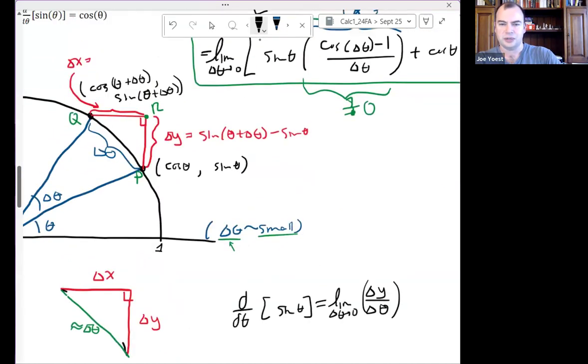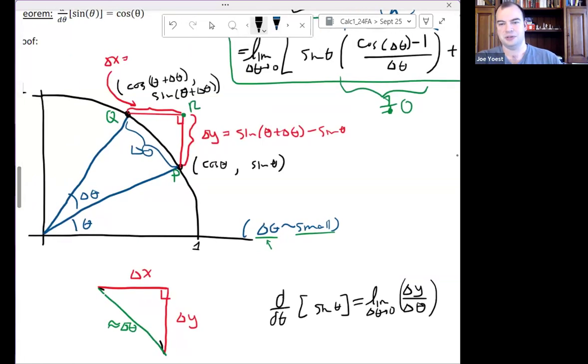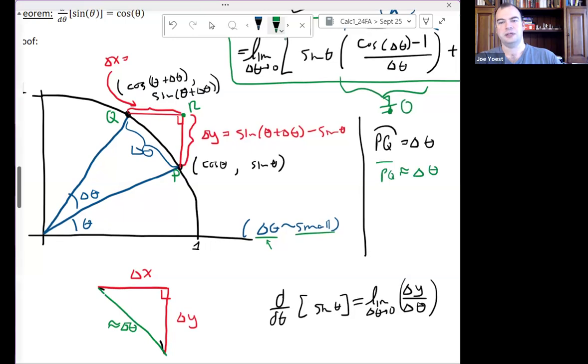So we know a couple things that I'm going to write off to the side here. I'm trying to keep all of this somewhat organized, but there's just a lot to write on here, and I'm trying to keep it color coded. So we know that the arc length from P to Q is delta theta, and the green line from P to Q has length approximately delta theta.